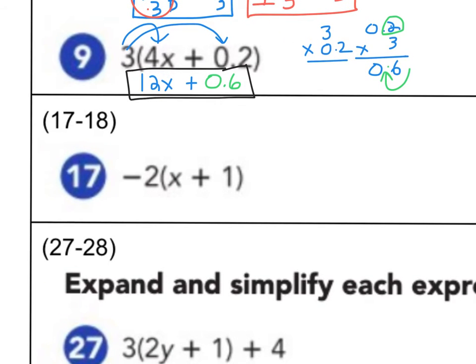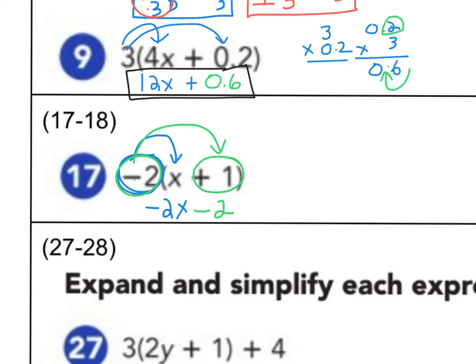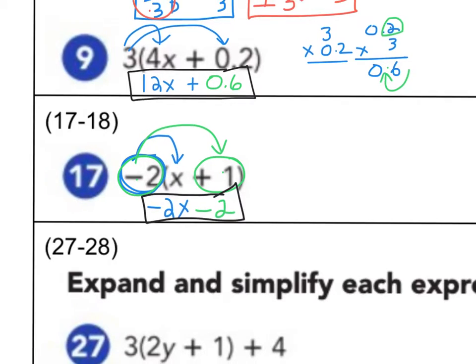Now I have a negative number, okay? Number 17. Negative 2 times x is negative 2x. And negative 2 right here times a positive 1 is going to be a negative 2, because a negative times a positive is a negative. And you can look at your rules chart to help you figure that out.